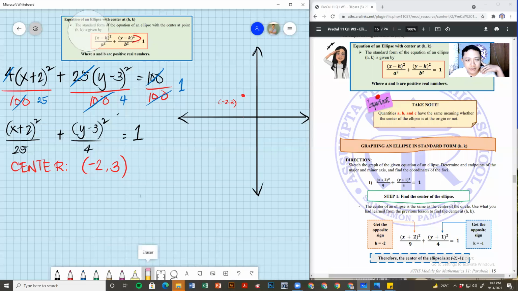The next thing to do now is to identify our a and b. And that's actually very simple. So we know the process. Find a and b. So we have here a squared and b squared.